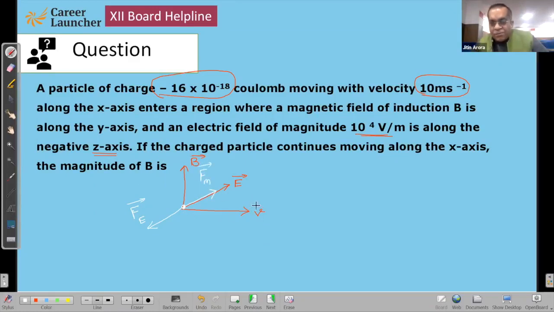And if the particle is moving in this direction, it means the electrostatic force and the magnetic force have to be equal.